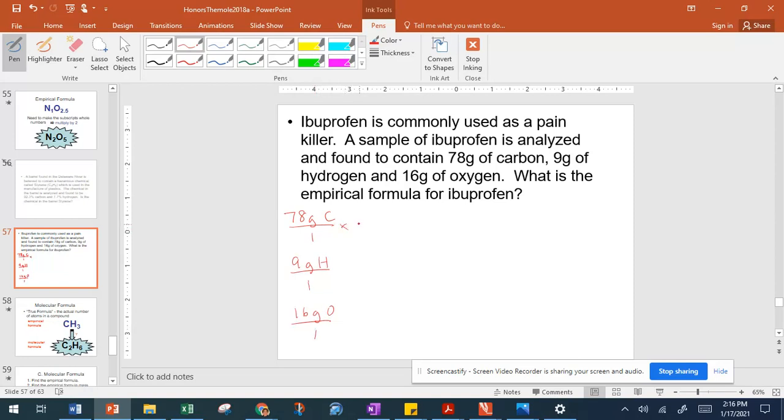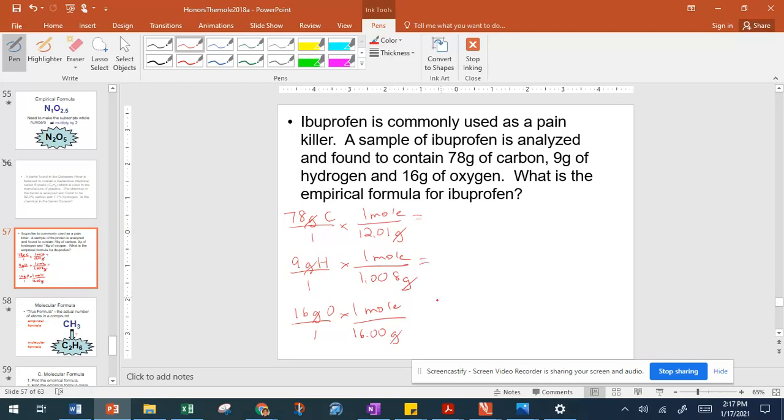So we're going to do like we did before and convert each of these to moles using our molar mass from our periodic table. And you notice in each case the grams will cancel out, and then we're left with moles.